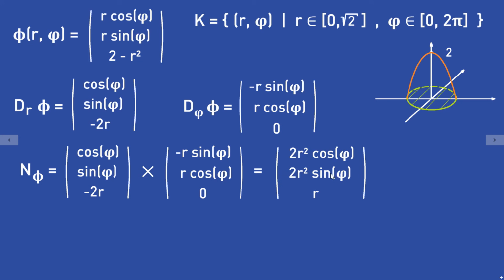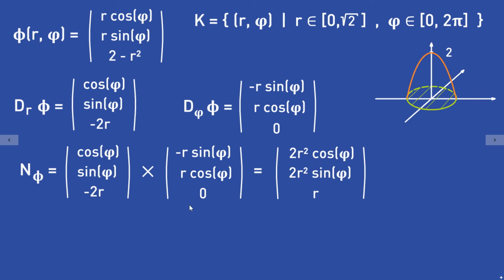For the second entry of the cross product vector, you have to ignore the second line here, and then you have to calculate minus r times sine phi times minus 2 times r minus cosine of phi times 0, which is 2 times r squared times the sine of phi.